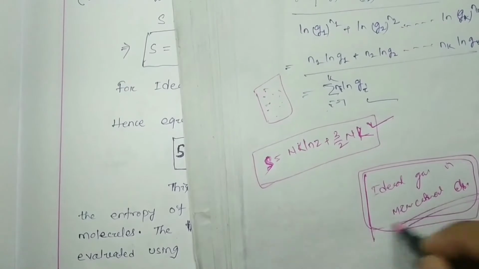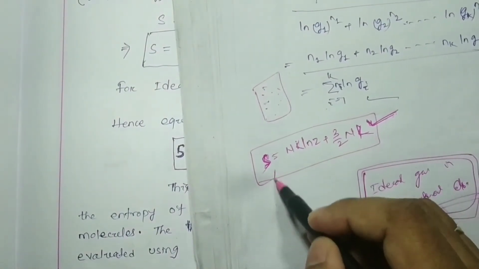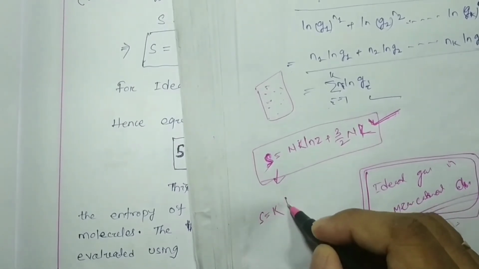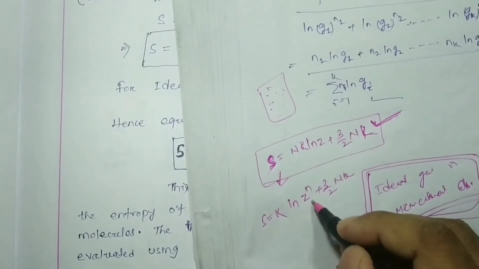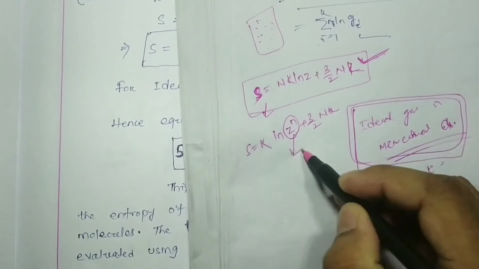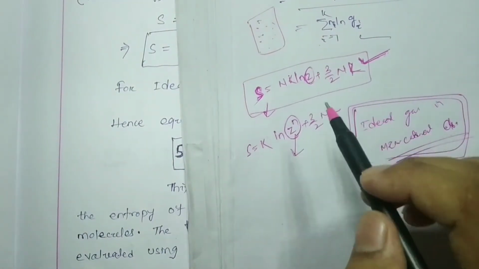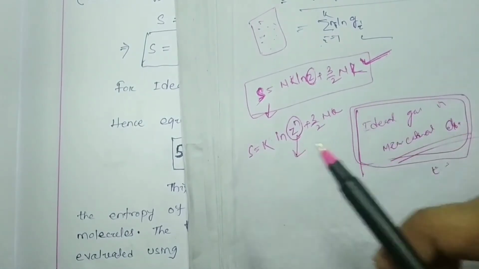Is it the correct expression? This expression can also be written as S equal to k ln z to the power N plus 3 by 2 N k. Here z is the partition function of a single molecule.